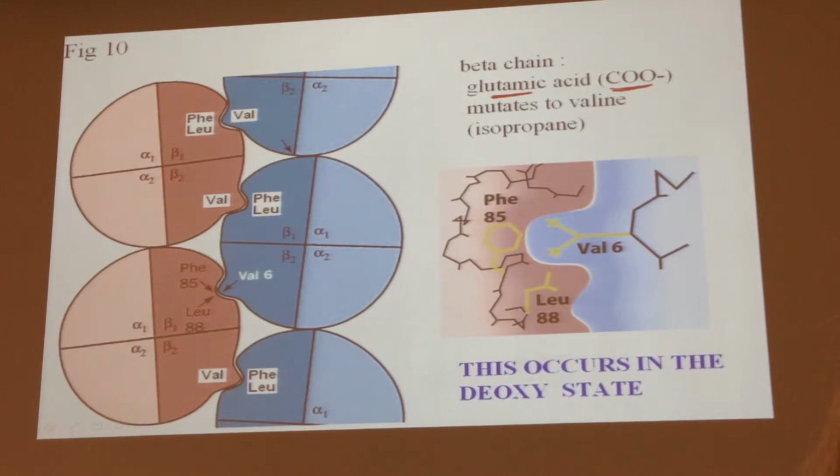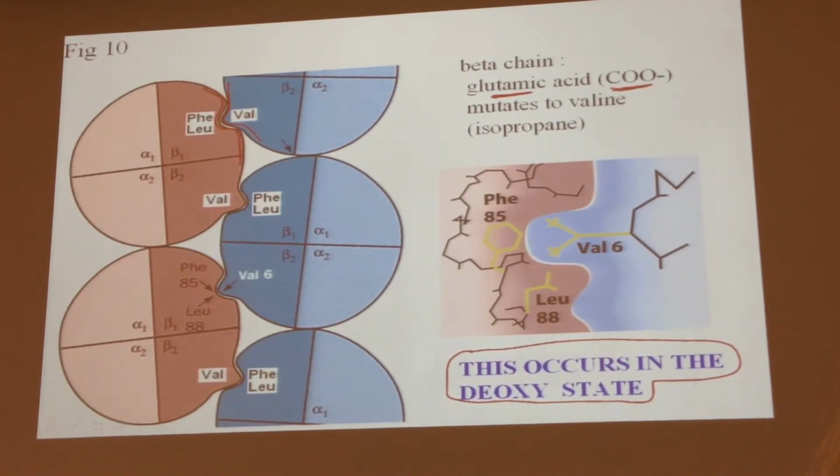Now there is a sort of important fact. Normally this would be something I would test you on, but it now becomes important that it's the deoxy state in which that residue is exposed on the surface, and there's a nonpolar patch, a sort of depression, or a little valley, exposed in the surface of the deoxy state.